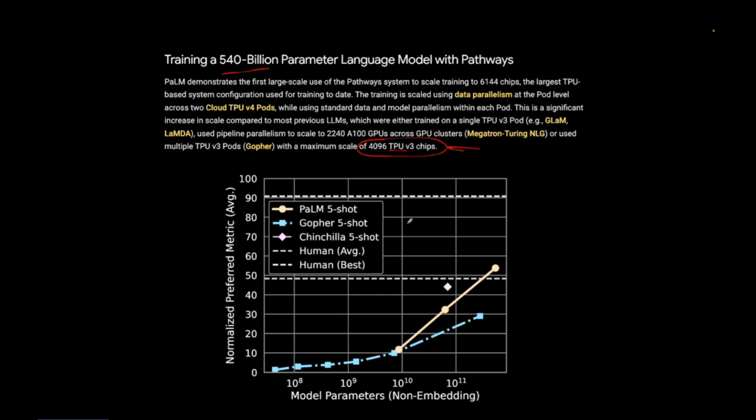And this is version 3 of the chip, so it's the latest that they have. And they say they use 4,000 of them for I don't know how long. So these models are getting bigger and bigger. And why are they getting so big? It's because there's something that happens with neural networks in general: as you add more and more parameters, more neurons, the models start to get some emerging behaviors that were not obvious.